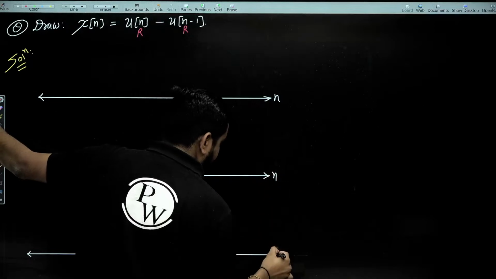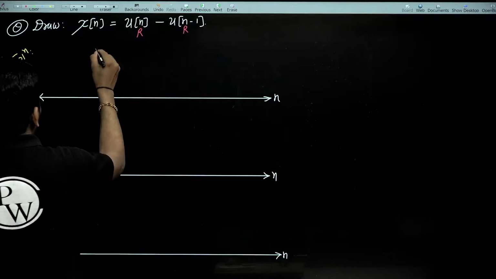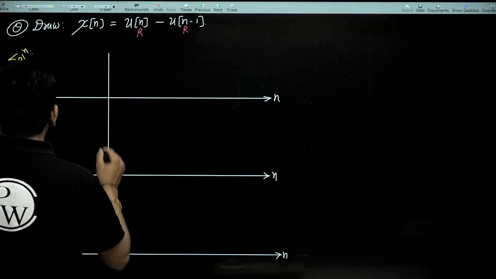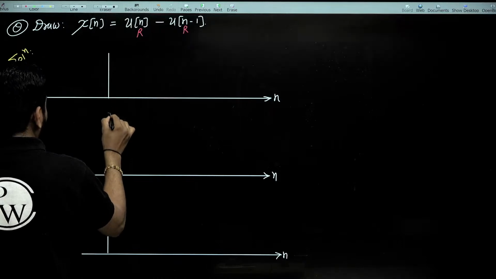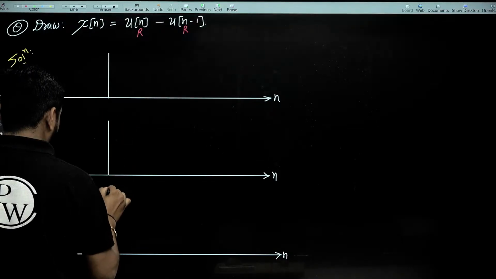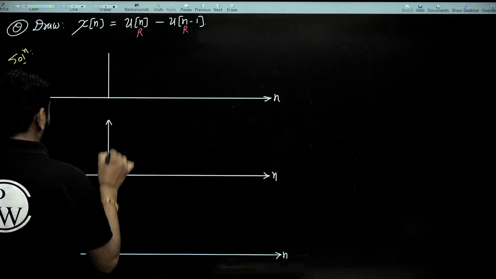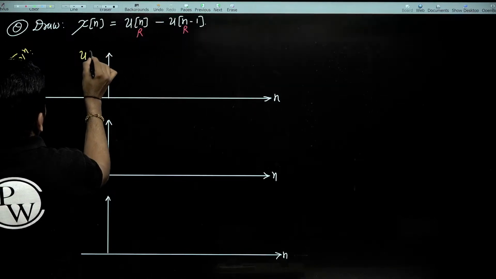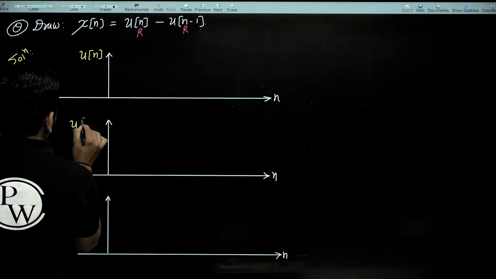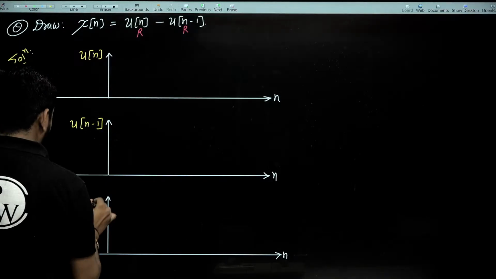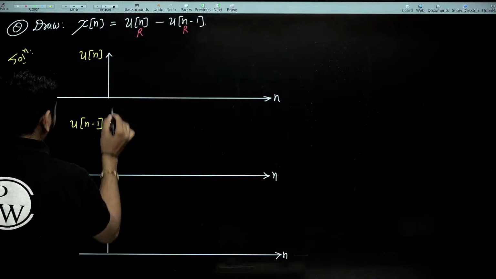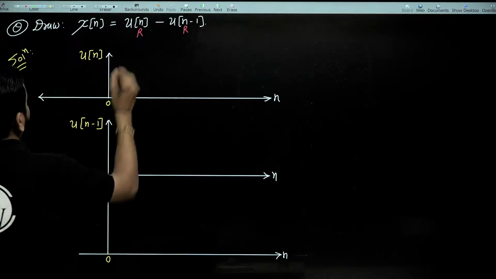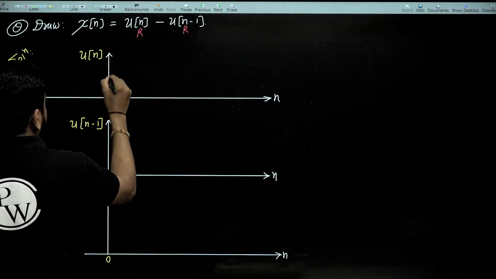On x axis only integer values of n are valid guys. Here I am writing u of n. Here I am writing u of n minus 1. This is the resultant signal x of n. Okay. So here this is u of n starting from n equal to 0.